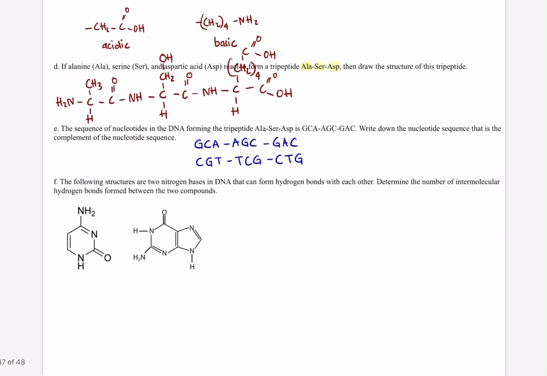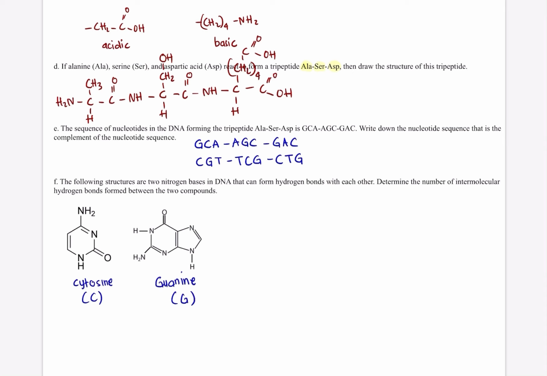Now let's take a look at the next one here. So this is guanine and cytosine, and this is the base pair, and we want to draw the possible hydrogen bonding between cytosine and guanine.